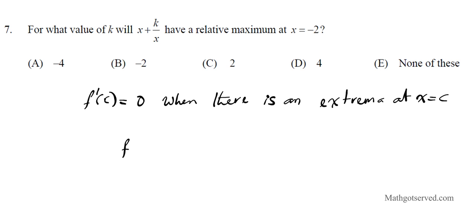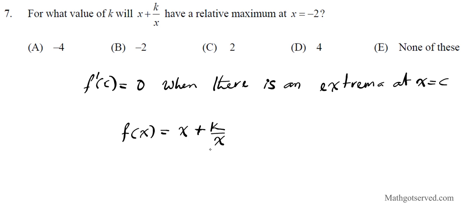So the function under consideration is f of x equals x plus k over x. The plan of attack is to set the first derivative equal to 0, which will help us find the extrema, plug in the value of our extrema into the function, and then we'll find the value of k. All right, so let's do it. I want to find the derivative of this function first, but I don't like how this component looks.